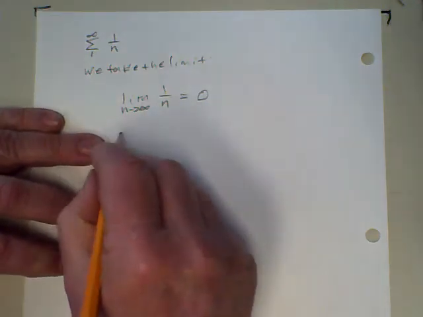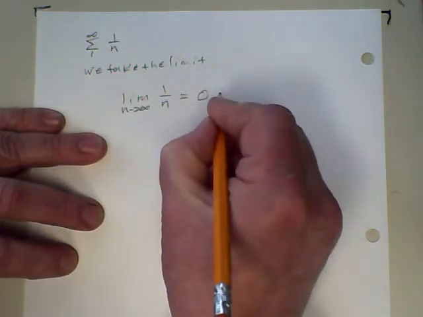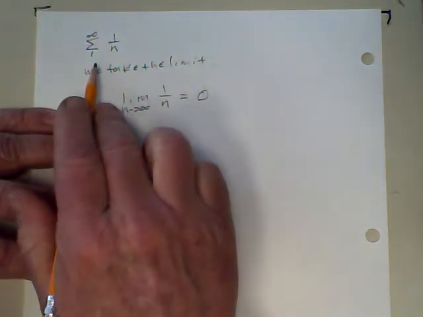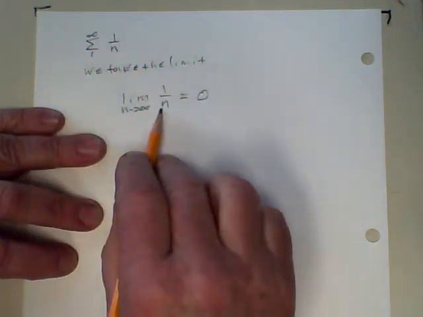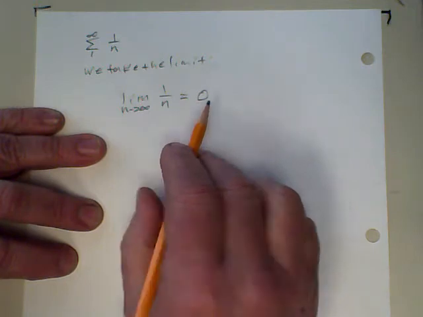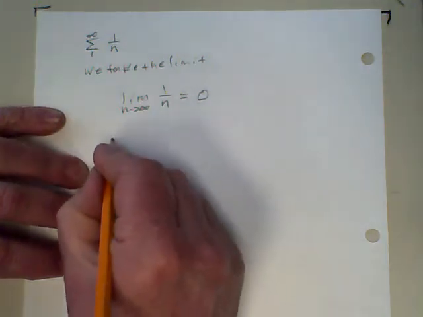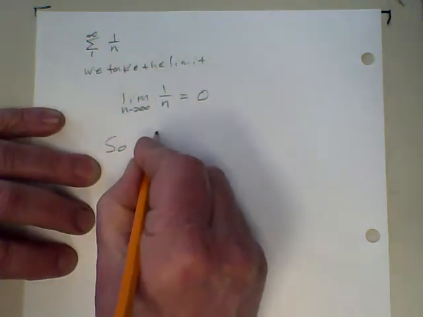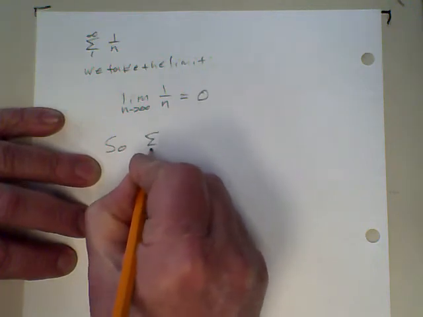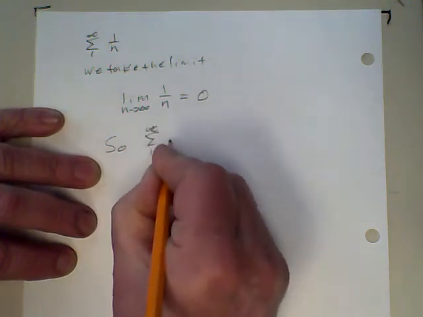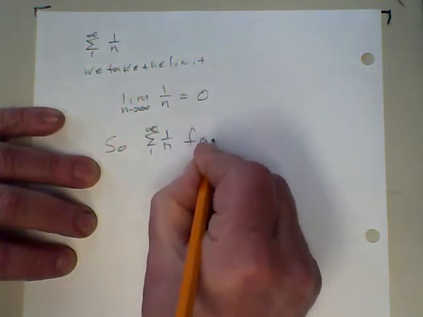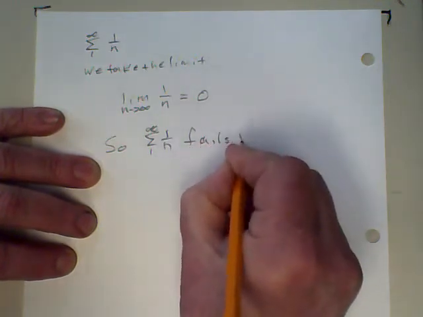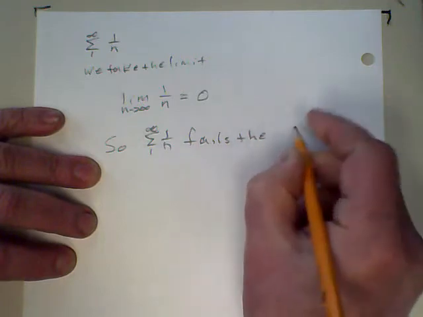Now the test says that the series will diverge if the limit is not equal to 0, but it is equal to 0. So this series fails the nth term test.